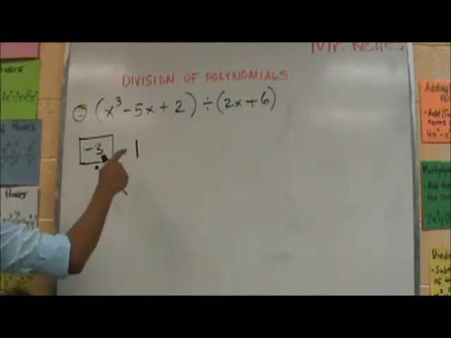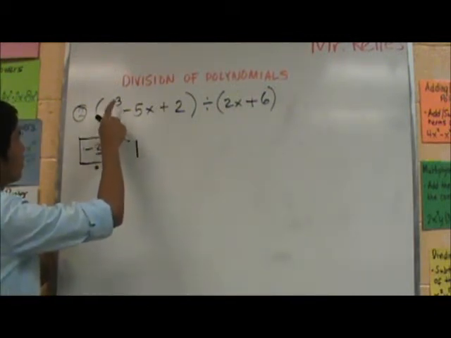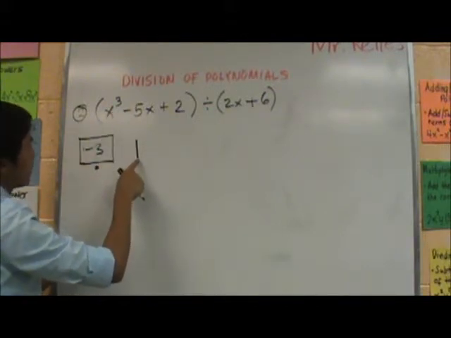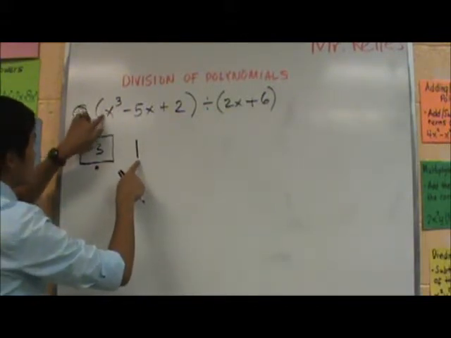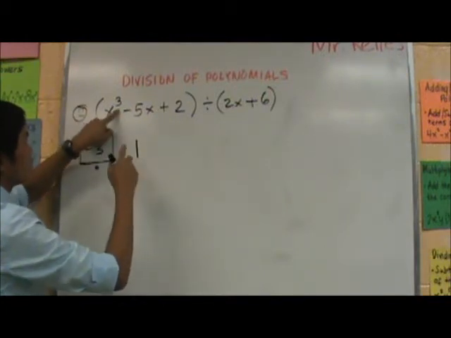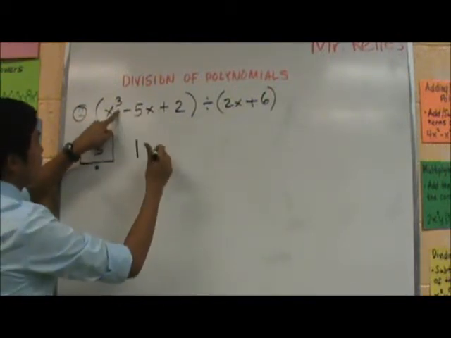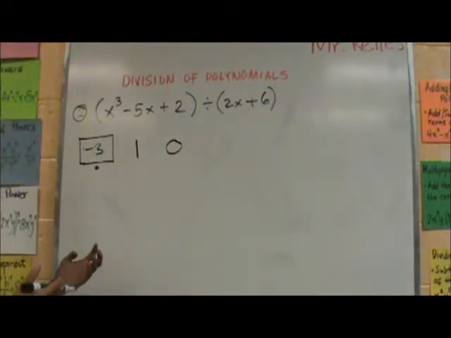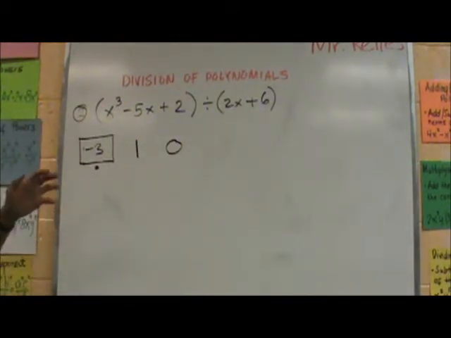Do we have an exponent 2? No. So we represent a term with an exponent of 2 by 0.